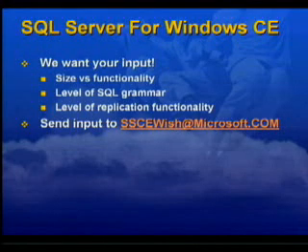Right now, it's an alpha. Since it's alpha OLEDB CE and ADO CE, our OLEDB errors aren't getting propagated up to ADO CE at this exact moment. But it would be the same way as if you used any OLEDB provider on the desktop, that you could go down and get provider-specific errors.